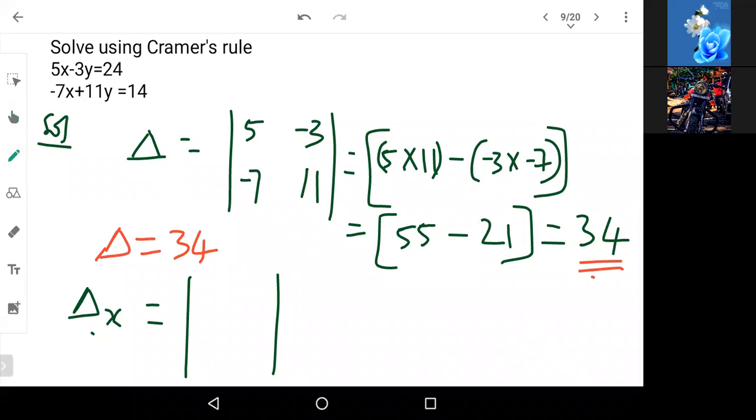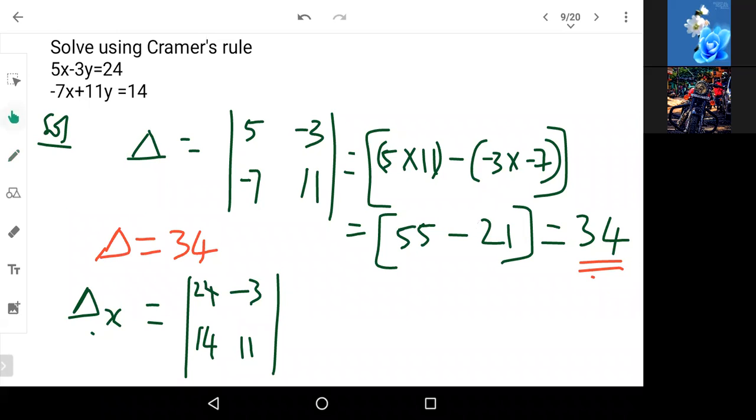What are the constants? 24 and 14 are the constants. And what is remaining? Minus 3 minus 11. Let it be like that only. Fine. Now understood? Please do not get confused.